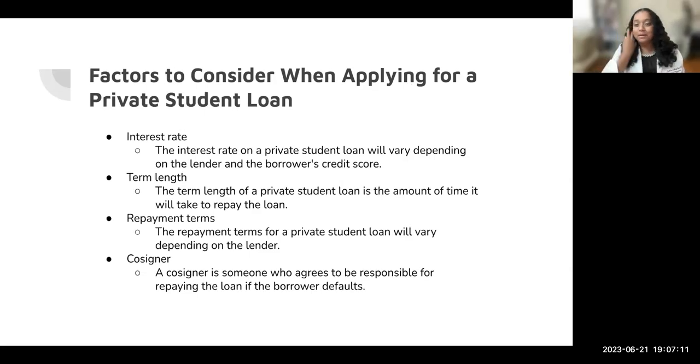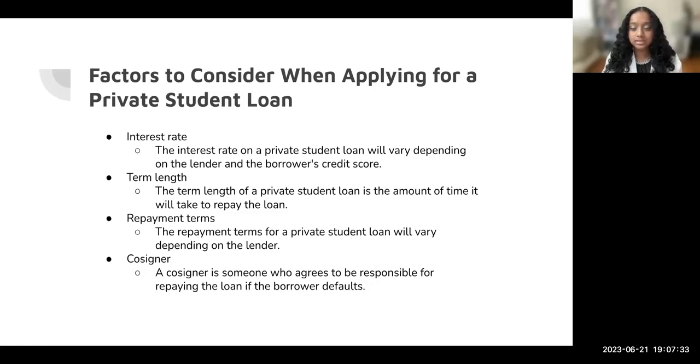All right. So till Eniola's pulling it up, I could talk about this. So when I said factors to consider when applying for a private student loan, there are different things ranging from interest rate, term length, repayment terms, and cosigners. These are terms that we will go into in depth in the upcoming slides, but just to give a little overview.